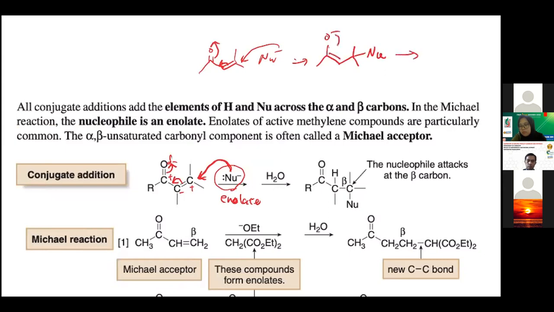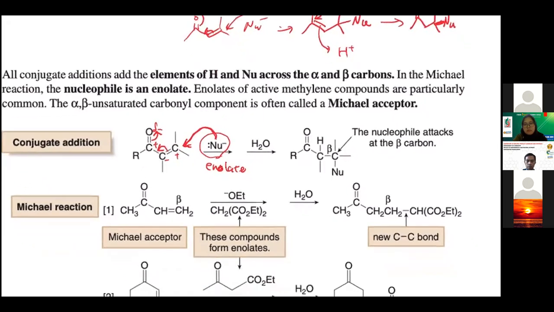This carbonyl again makes the carbon bond, and this one moves here, and we take the proton from somewhere, and the newly formed bond is found here. So this is the Michael reaction.